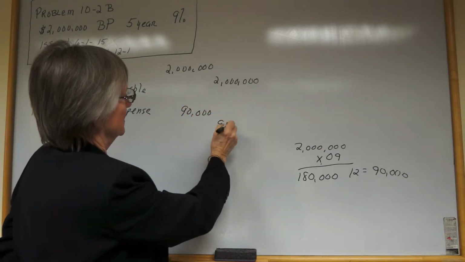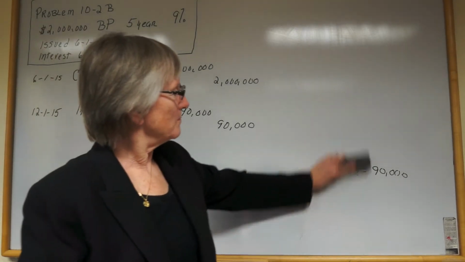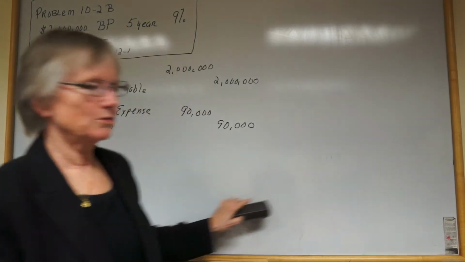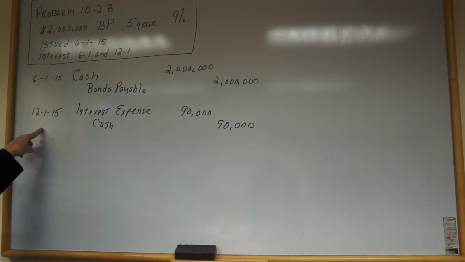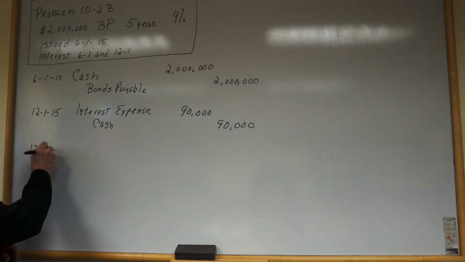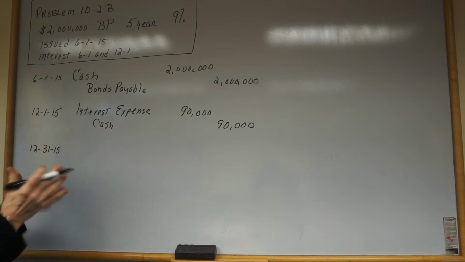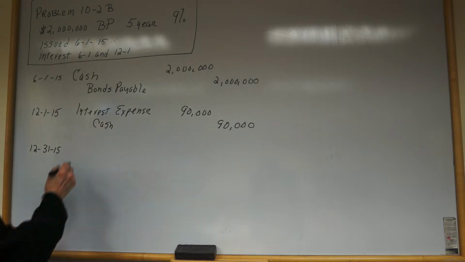Now, I think in the notes to this problem, I say that Wiley makes it a bit more complex than I would like for just learning about bonds. But you notice we get 12/1 interest date. So that means at 12/31, we've earned a month's worth of interest, or we have accrued interest expense for 1 month, and we have to bring that onto our books.